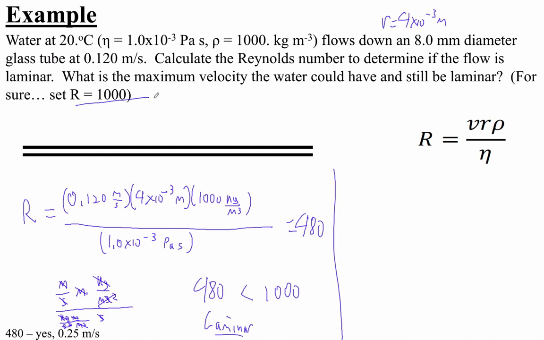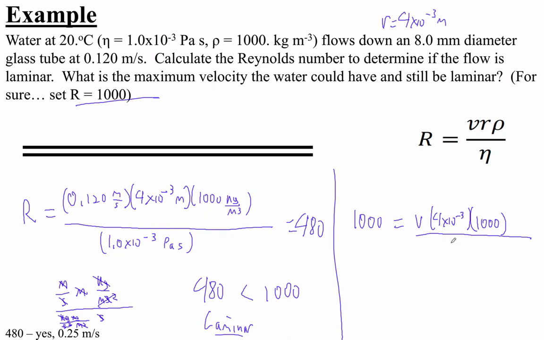Let's set R to be 1,000. So 1,000 equals some velocity times 4 times 10 to the minus third times the density, 1,000. Notice if I make my R smaller, it could go faster. That's interesting. Is that right? Yeah, I think so.